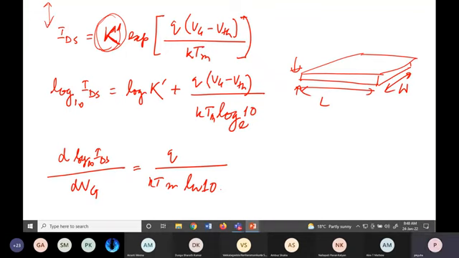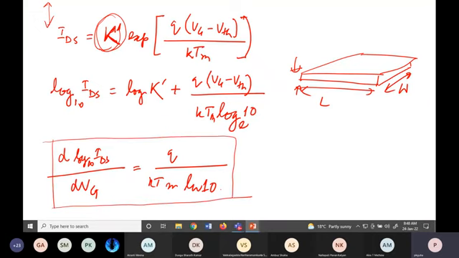No, but you see, what we are basically finding out is dIDS over dVg. And this factor doesn't depend on dVg. So that is why I am just neglecting this factor in this calculation. Is that what you are asking?